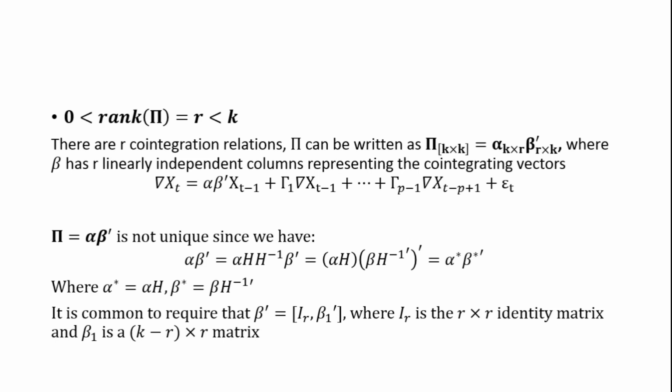If the rank of our matrix is strictly between 0 and k, there are r cointegration relations, and Π can be written as a product of two matrices, where beta has r linearly independent columns representing the cointegrating vectors.